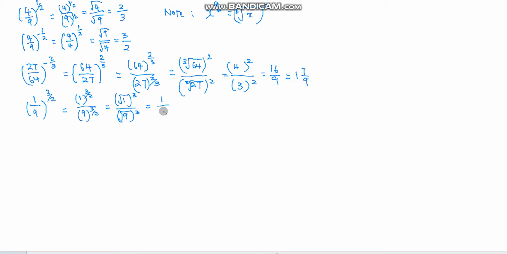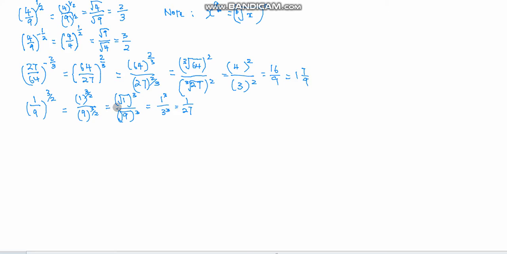Square root of 9, taking the positive, is 3. 3 to the power of 3. This is 1 to the power of 3. So it's 1 over 27.